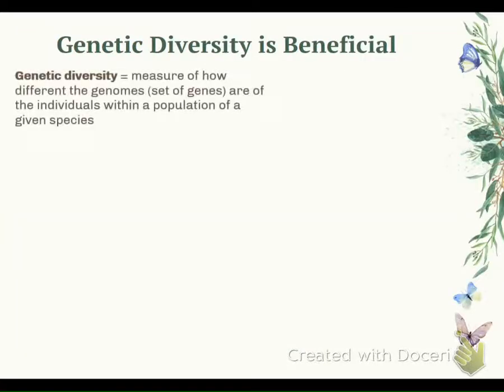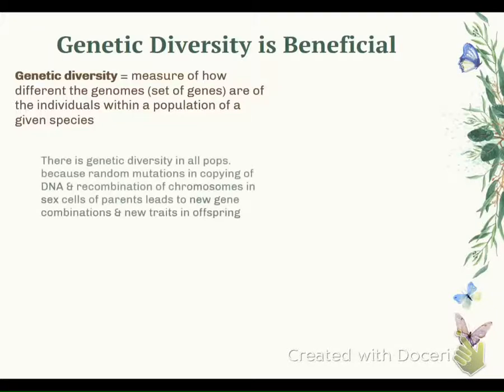Genetic diversity also is beneficial. It's a measure of how many sets of genes, different types of genes, are within the genome of a species. Are they all basically identical, or is there variety? Diversity occurs because of random mutations in the DNA. And when we recombine during sexual reproduction, that increases the amount of variation.